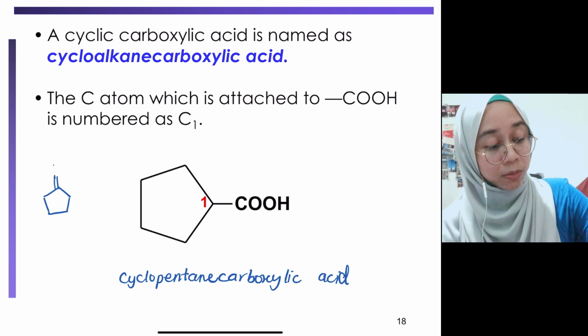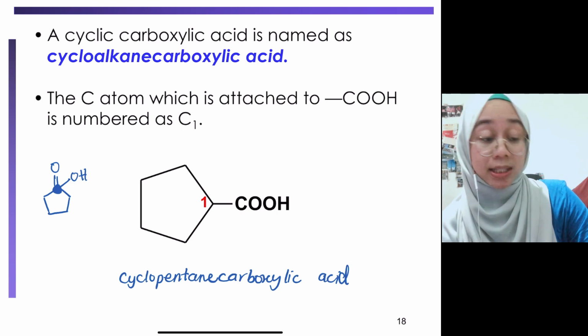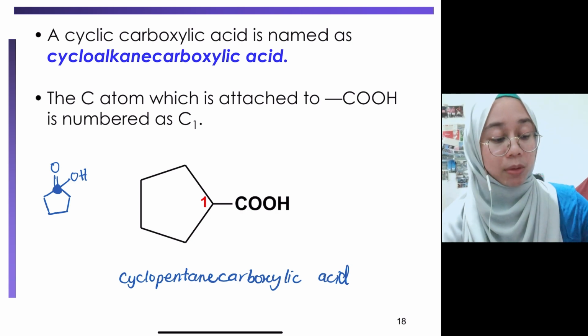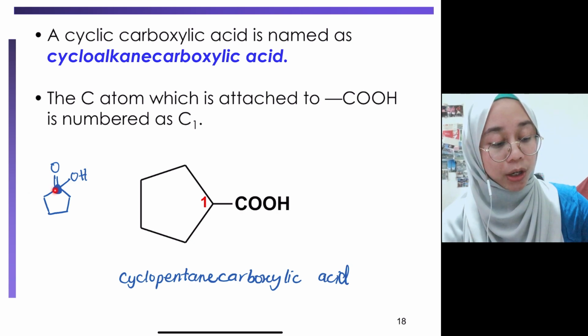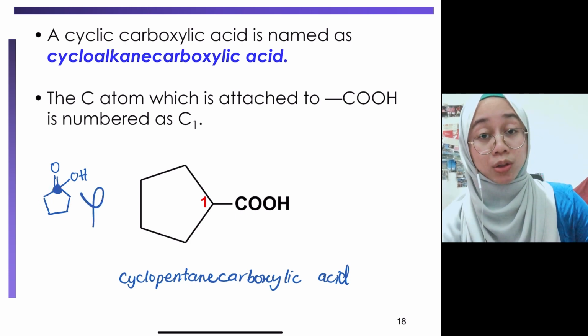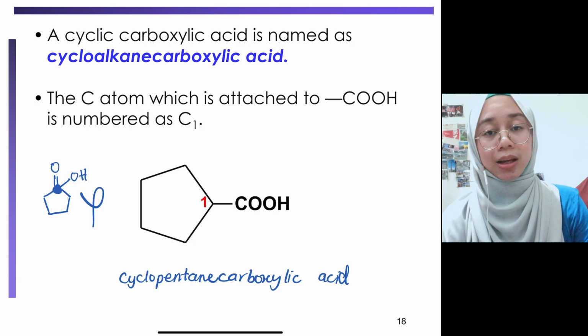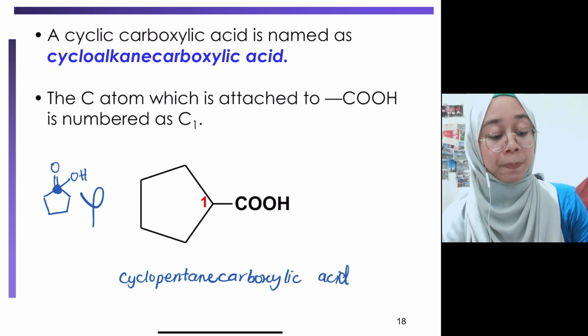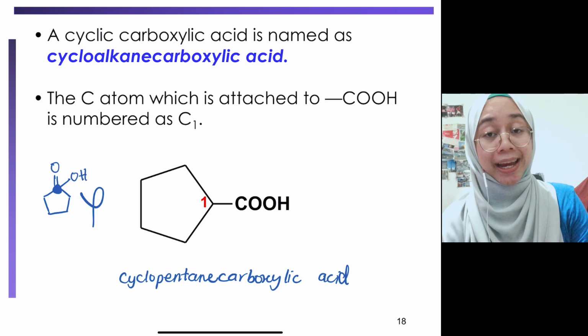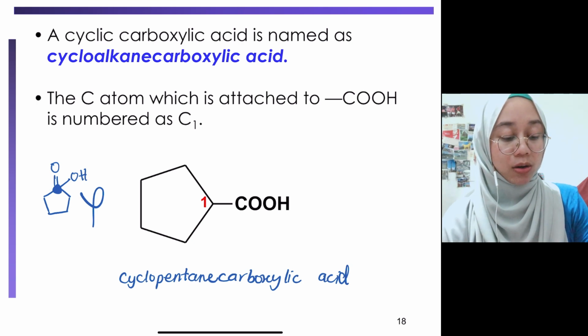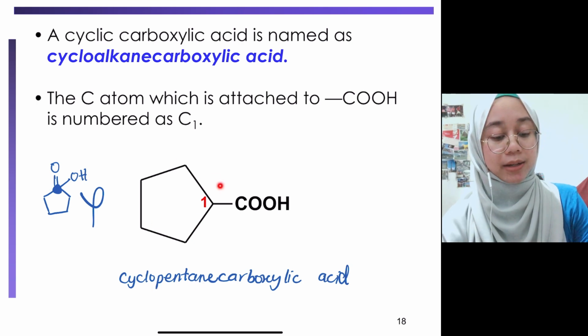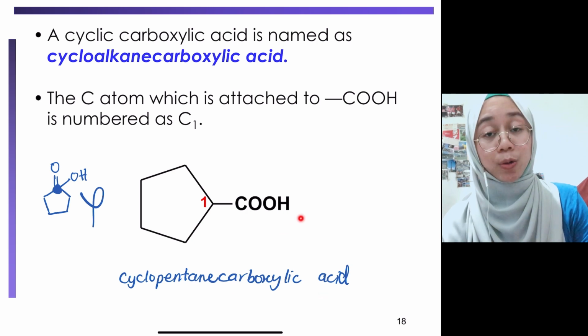So if you put double bond O and letak OH kat sini, logik kah? Logik kah untuk this particular carbon here? So no, it doesn't make sense because as you can see ada berapa banyak bond? 1, 2, 3, 4, 5. So benda ni tak wujud. So there is no such thing as cyclopentanoic acid. No, tak ada. Okay, so nama dia akan jadi cyclopentane carboxylic acid, whereby cyclopentane ni adalah 5 carbon yang ring tu, and then carboxylic acid kita ada COOH.